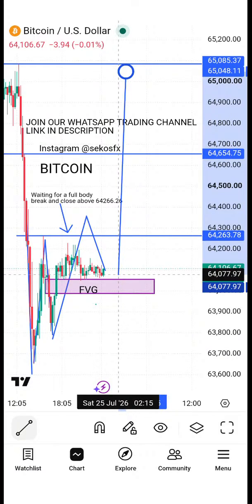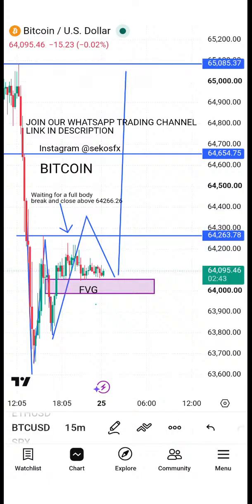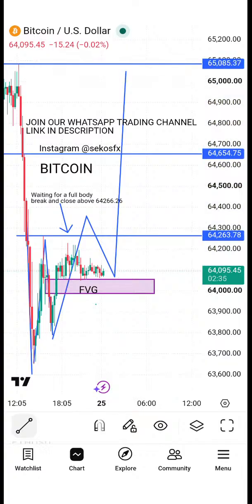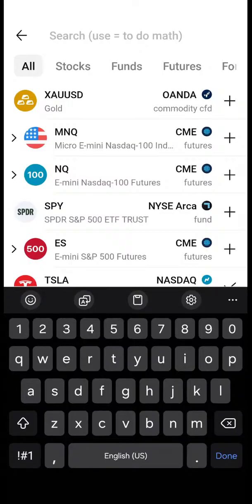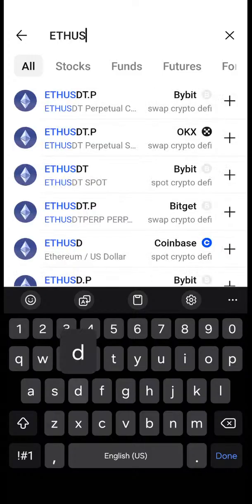This thing, I don't see price now. I want to see the price.